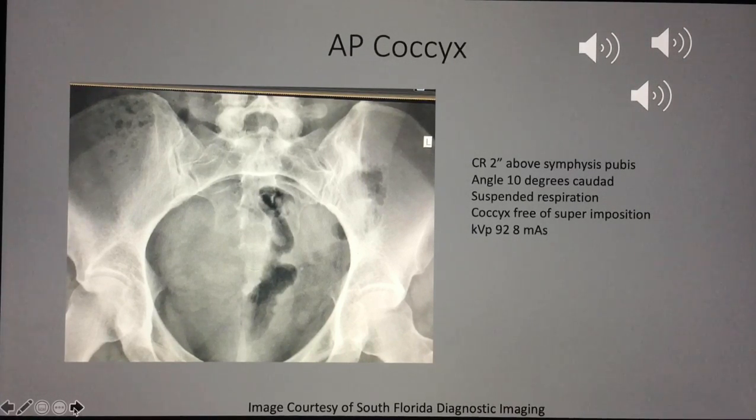I consider that this image could be taken better, and in this area at the center, there is gas in the area of interest.